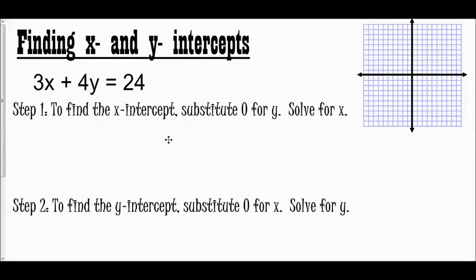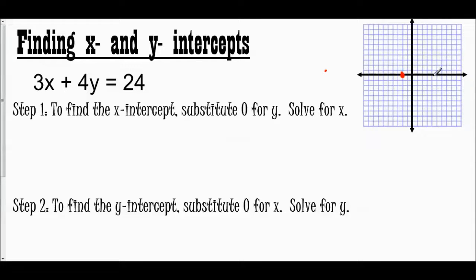So let's find some x and some y intercepts. If you think about those intercepts, I put this graph up here just to give you a visual. If I were to draw an intercept on here, let's say right here, that is crossing the x-axis at -2. The x value is -2. The y value is 0.